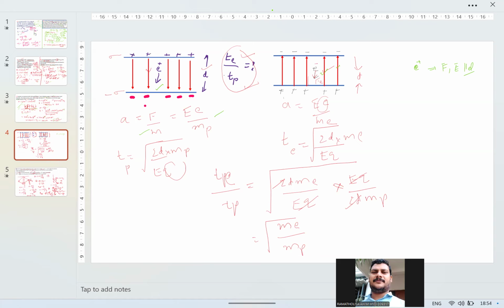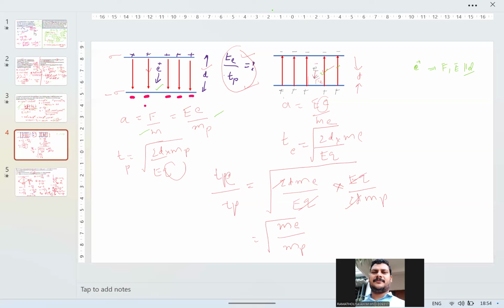The field is not changing. The electron field is in the same direction, one time proton, one time electron. So what will happen? The field is in the same direction, so the electron will take much more time because the acceleration will be decreasing. It may or may not even reach, depending on the upward force.